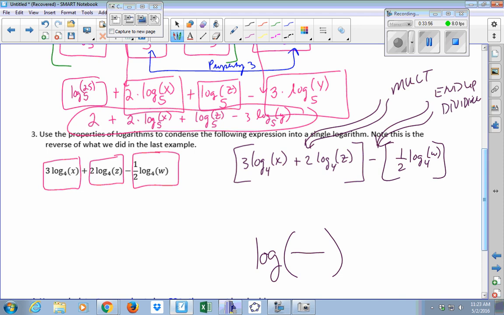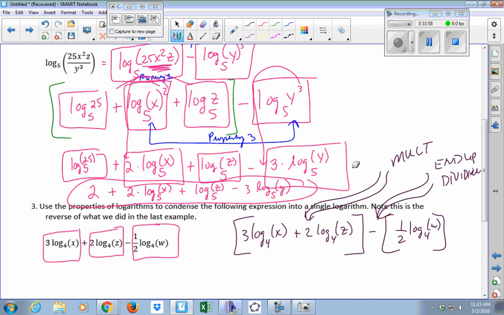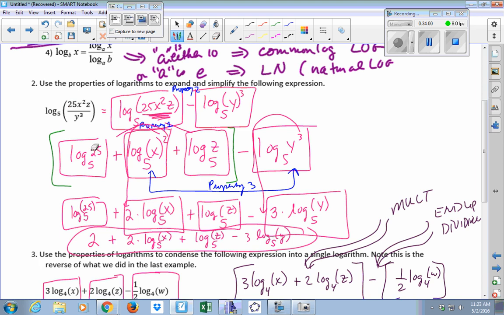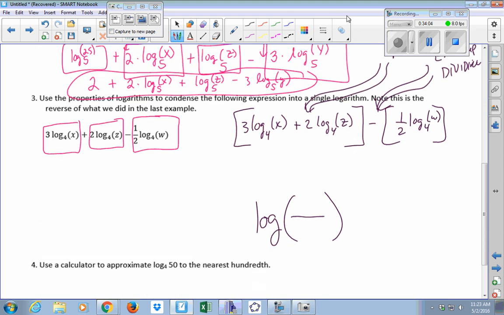But just like when I started off with this original problem up here and said, what would be the last operation I would do here? And the answer was division. The same idea here is the last thing I would do, if I had numbers for x, z, and y, and I put them in, the last operation I would do here would be to subtract. So therefore, I go right there and I put my division symbol.